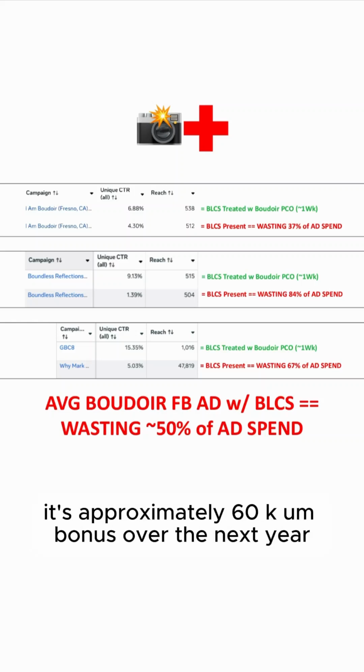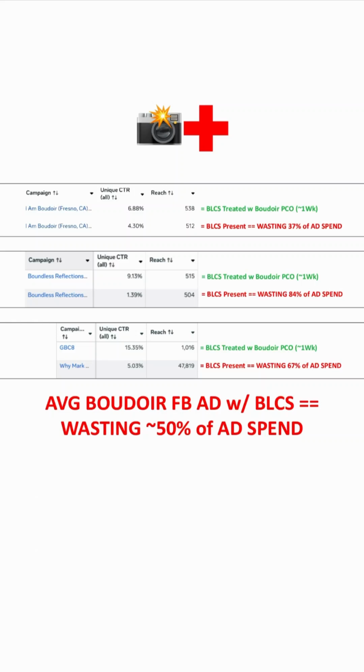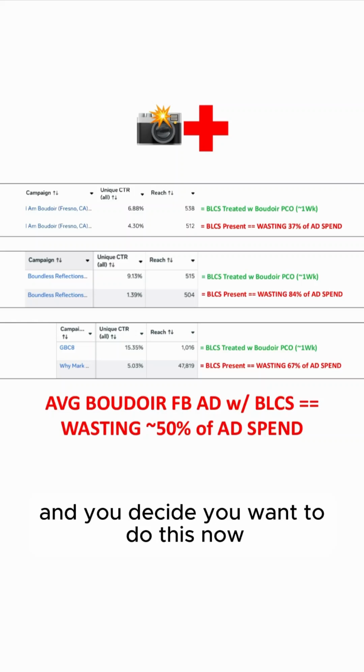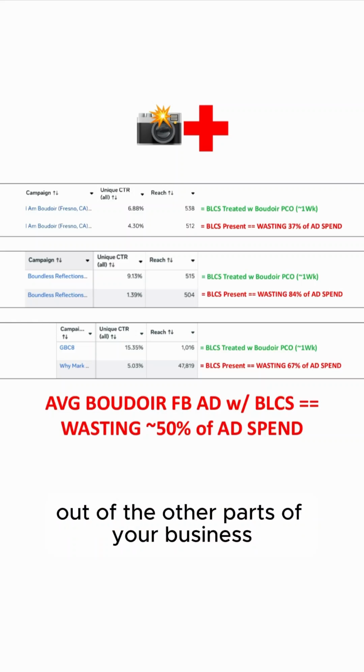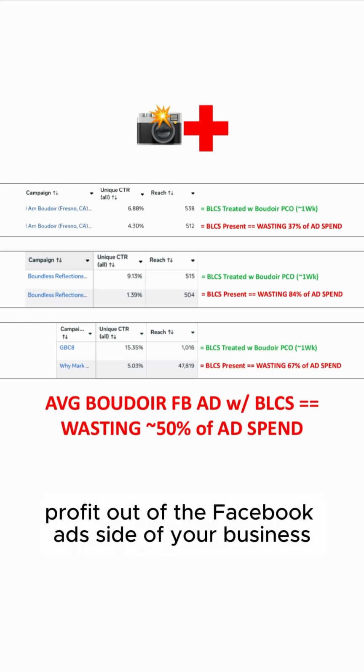So approximately 60K bonus over the next year. And you decide you want to do this now because you've pulled profit out of the other parts of your business. Now you want to optimize profit out of the Facebook ad side of your business.